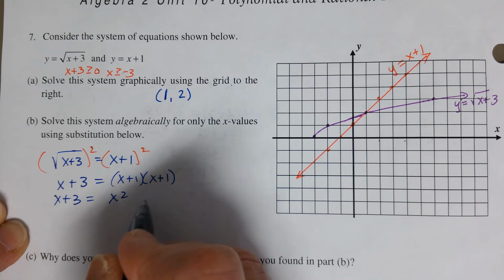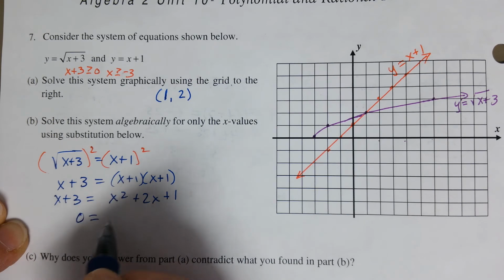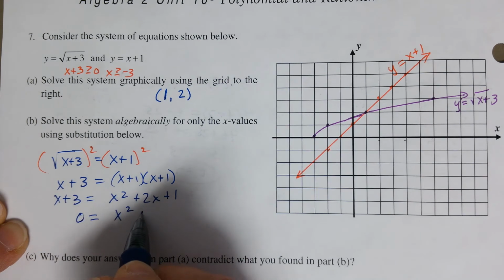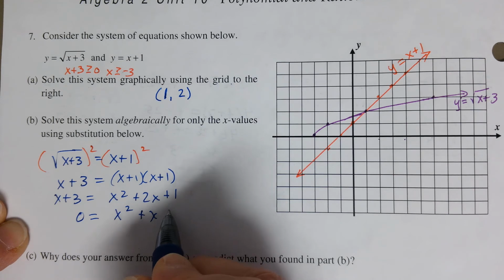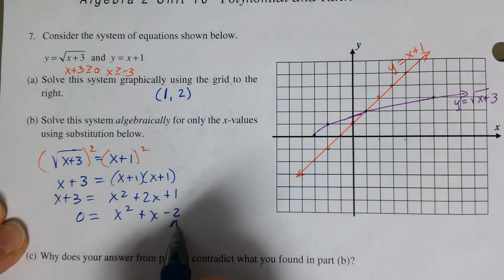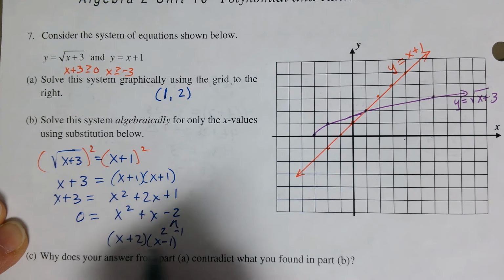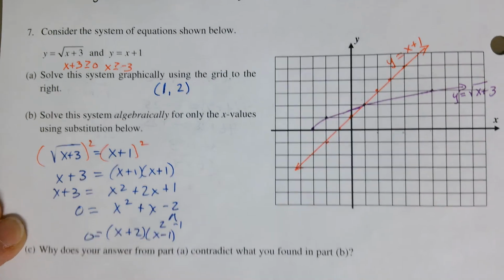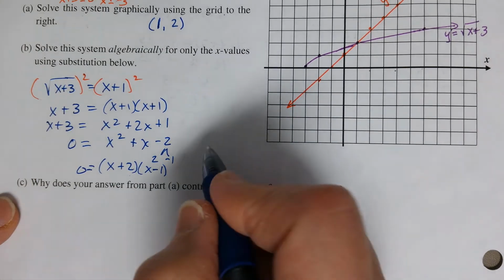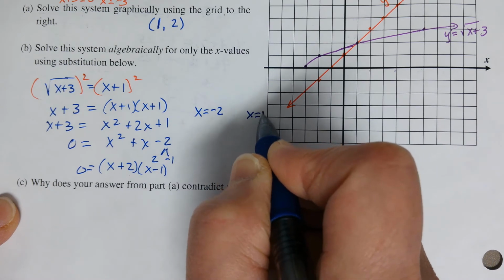That's x squared plus 1x plus 1x is 2x. Standard form. Subtract x and subtract 3. And factors of negative 2 that sum to positive 1 are positive 2, negative 1. So x equals negative 2 and x equals positive 1.